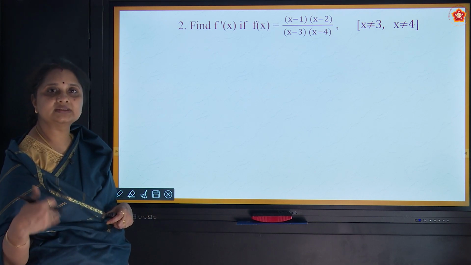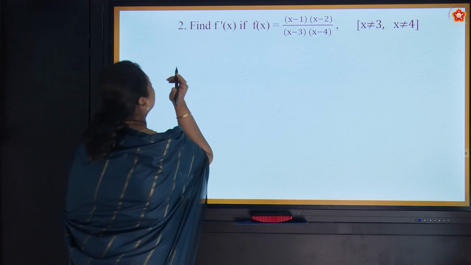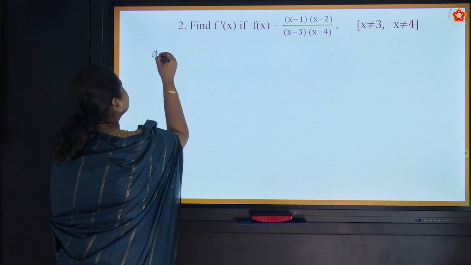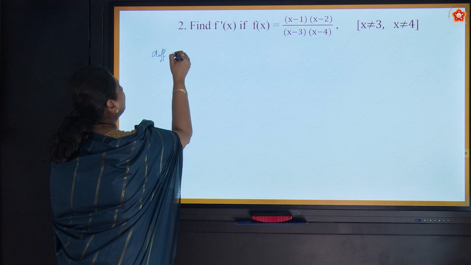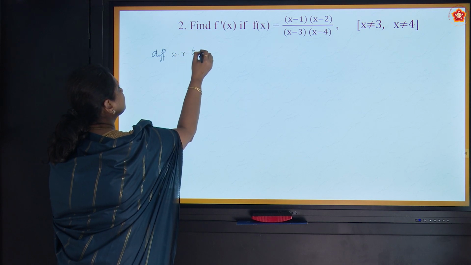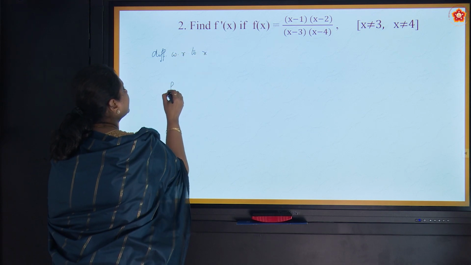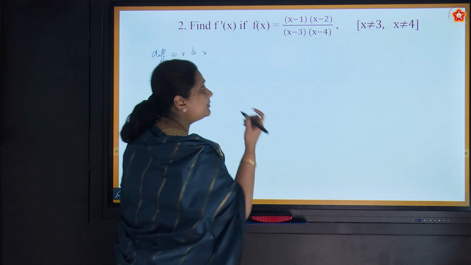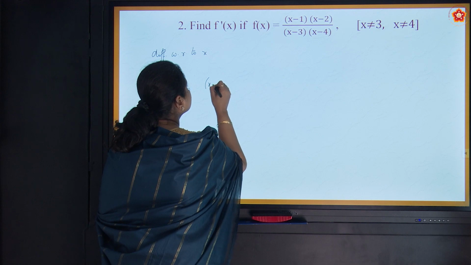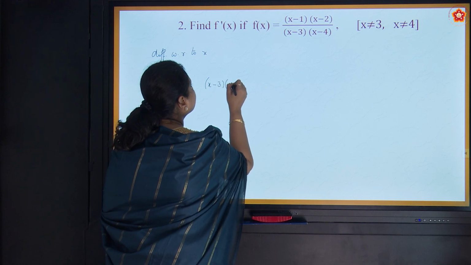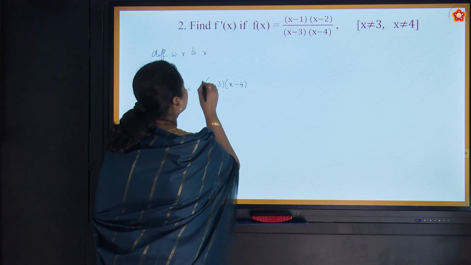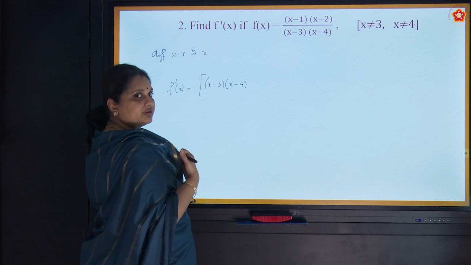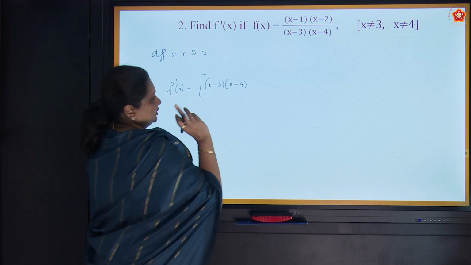So let's start differentiating. Now, this is of the form u by v. So what do we do? First, differentiating with respect to x, my f dash of x is going to be equal to, I'll keep the denominator unaltered first and I'll differentiate the numerator. So x minus 1 into x minus 2. Now how do I differentiate?